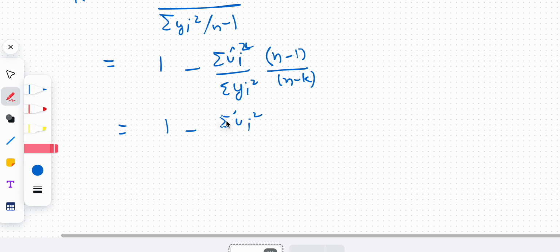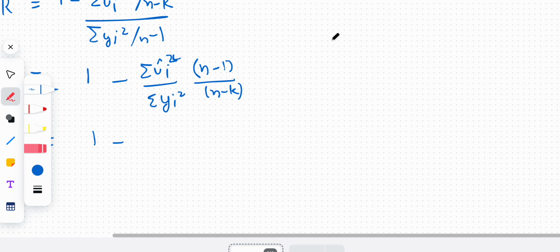Now, what we discussed yesterday or in the previous videos was that R square is equal to explained variation upon total variation. That would also mean 1 minus RSS upon TSS.